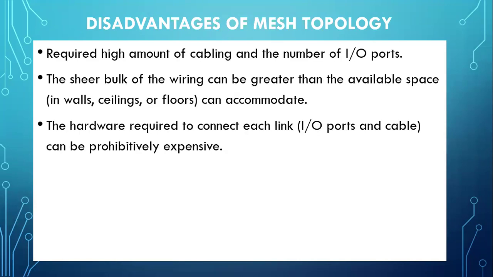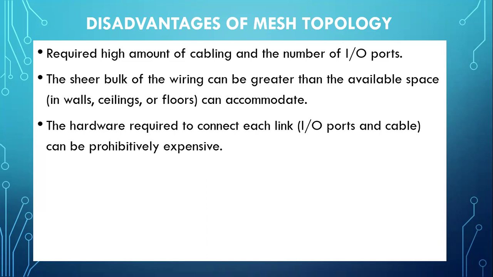The disadvantages of this mesh topology: it requires a high amount of cabling and a large number of I/O ports. So there's a huge amount of cabling needed for this kind of topology. The second one is that the sheer bulk of wiring can be greater than the available space that the walls, ceilings, and floors can accommodate.